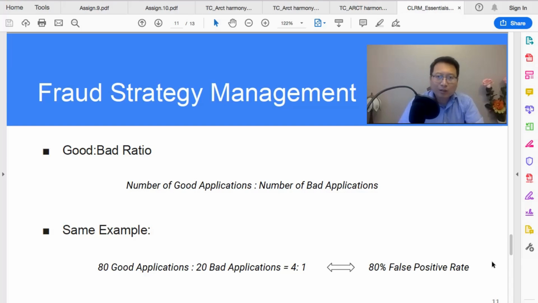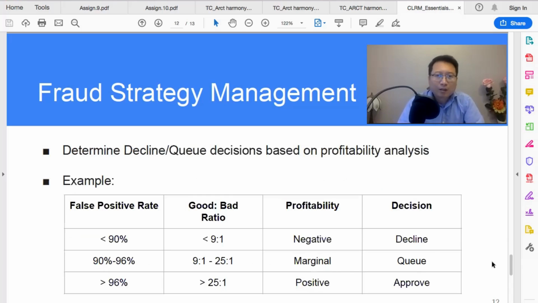So how do we use the false positive rate or good bad ratio to drive the actual approval or decline decision? Let's look at an example. The decision should be based on a profitability analysis.